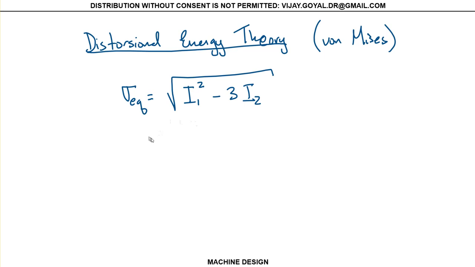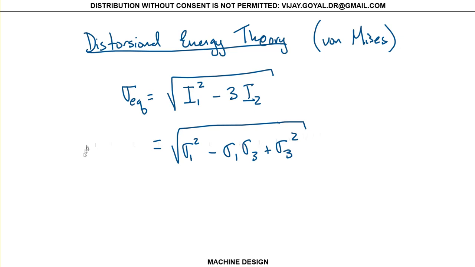If you're working in the case of plane stress, then you can show that this theory gives you sigma 1 squared minus sigma 1 sigma 3 plus sigma 3 squared.